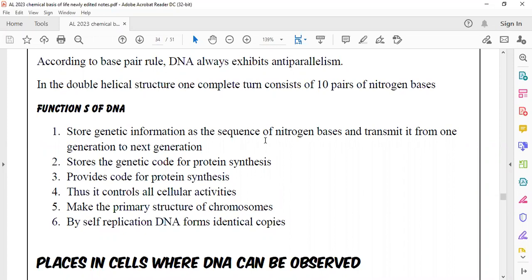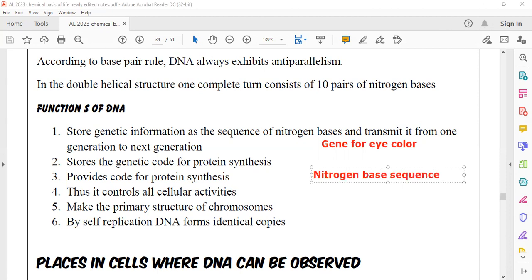Right? Actually, now for an example, say there is a gene for our eye color. Just an example. If there is a gene for eye color, in that gene there will be a nitrogen base sequence for eye color. Am I right?